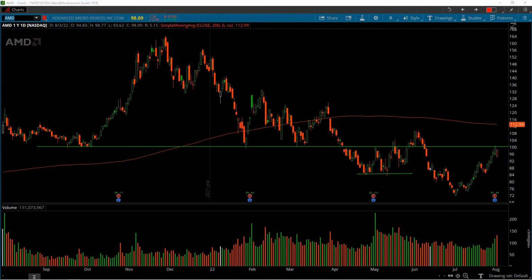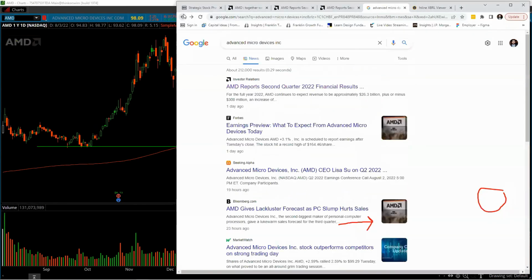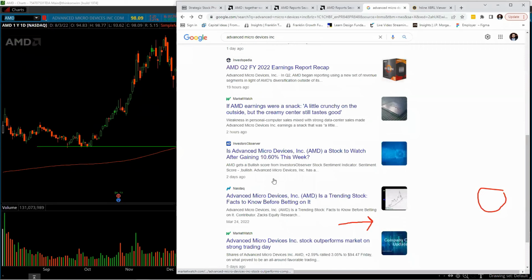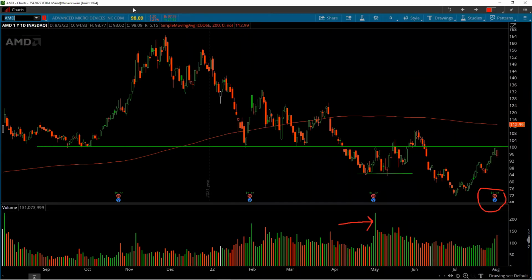And don't forget that we had this massive print right here when the company reported earnings in May. So has anything changed on the stock? I don't think so, right? Even though they reported earnings last month and the headlines may not be so positive or receptive to AMD earnings, the stock is still reacting positively.